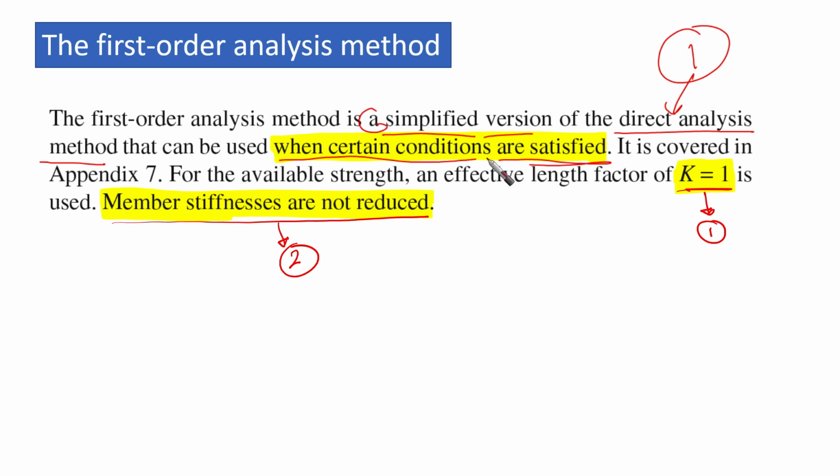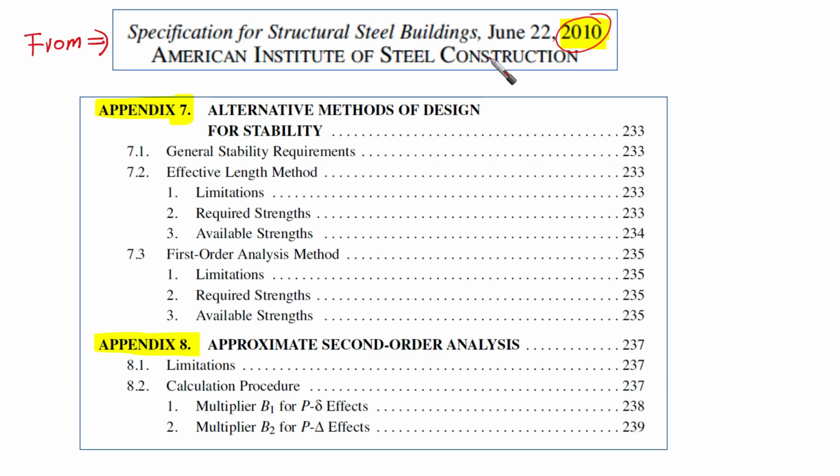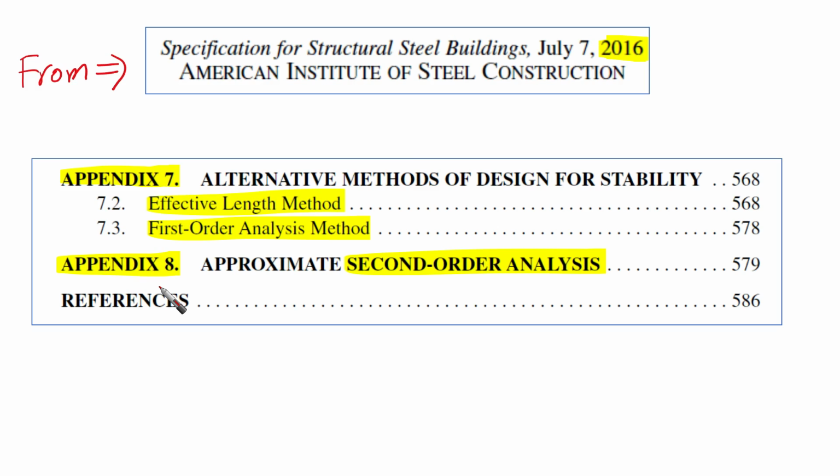So there are some prerequisites, or conditions, that need to be met first in order to use it. It is considered a good option for you if these conditions are satisfied. It is covered in Appendix 7, the same as we have mentioned here. Yes, in 2010 Appendix 7, you can find the first order analysis method, and also in the 2016 version, they are still using it.